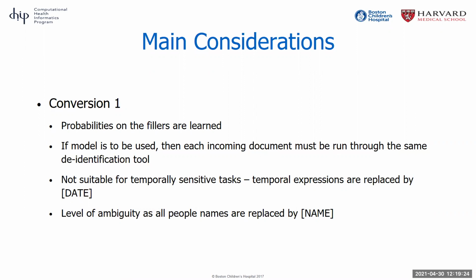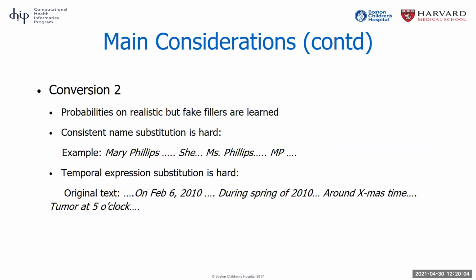If that model is going to be used, then each incoming document must be run through the same de-identification tool so that you don't have loss of information when the model is applied. However, this kind of de-identification is not suitable for temporally sensitive tasks because the temporal expressions are replaced by a filler date. There is also a level of ambiguity as all people names are replaced by one tag, square bracket name, square bracket.